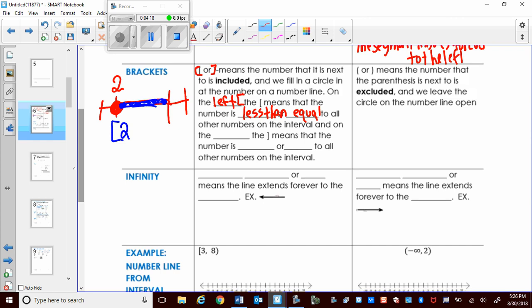Okay? Now, what about this number over here? Let's say it's 8. Well, if I want to make sure that 8 is included, I'm going to do close bracket right there.